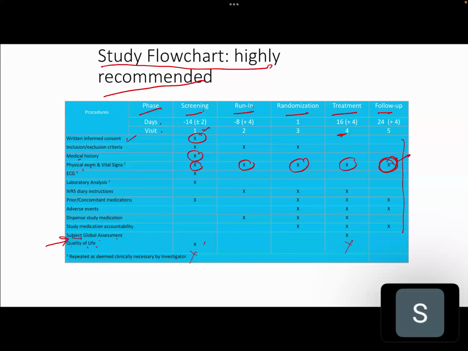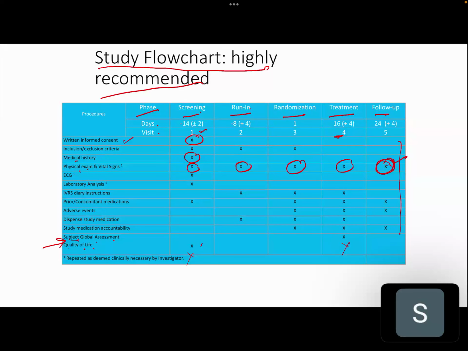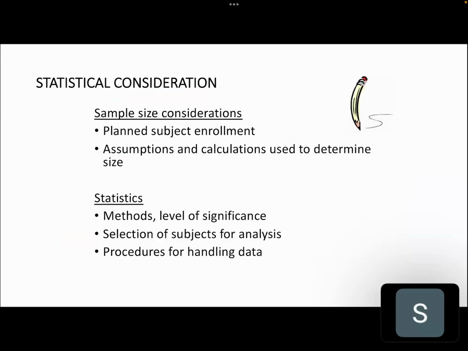And it is made with the contribution of a whole team, including the operations team. Now, statistical consideration: the sample size. How many subjects are important to have sufficient data? Because at the end, you have done such hard work, it should not be that we do not have sufficient data.